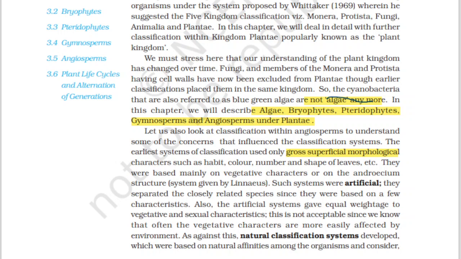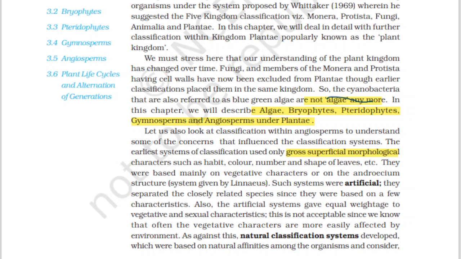In earlier times, they instinctively used to classify the organisms into different sections. They were mainly based on those superficial morphological characters, which are based mainly on vegetative characters or androecium structure, that is the flower, which was given by Linnaeus.